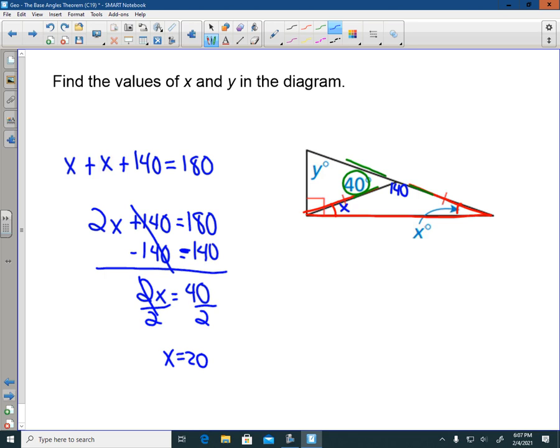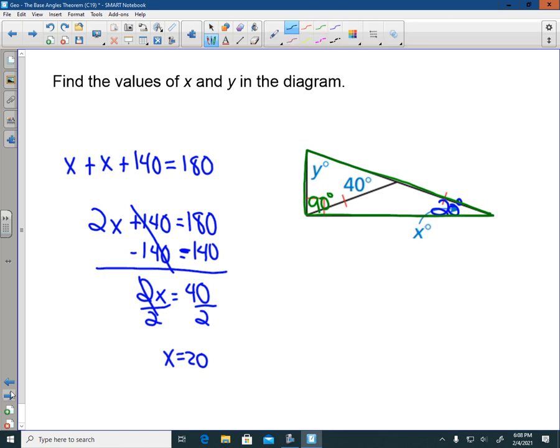So we know that x equals 20, which is awesome because it's a part of this triangle here, which is a right triangle. X equals 20, that's 90, and so we're going to have to figure out what y is.